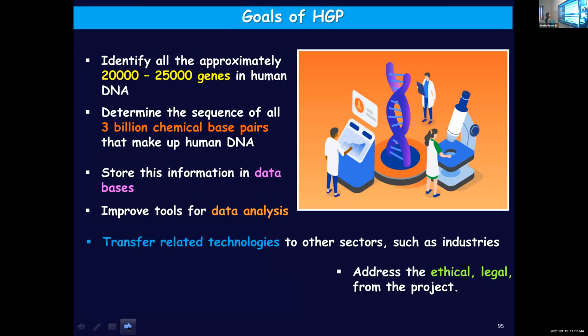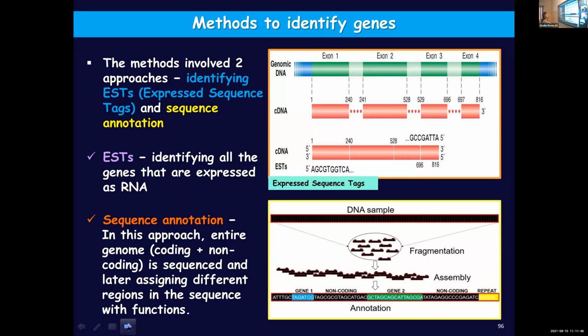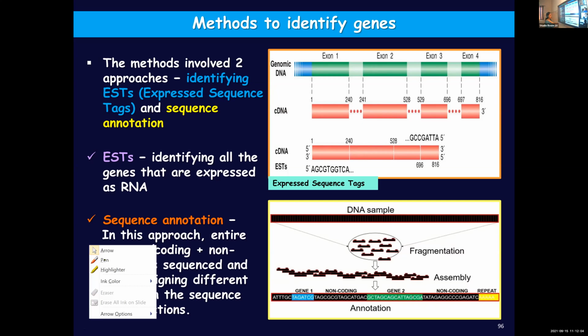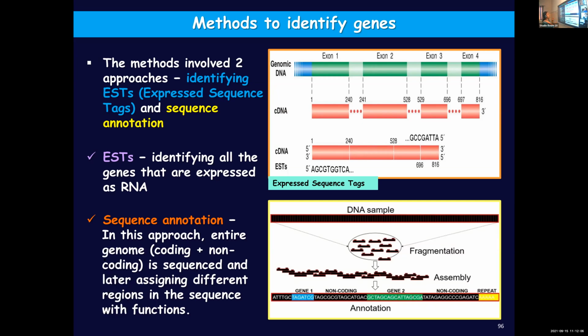All these we had learned yesterday. The methods to identify genes involve 2 approaches. The first approach was identifying ESTs or expressed sequence tags. And the second method, sequence annotation. As I told you, in expressed sequence tags, they concentrated on identifying the genes which get expressed.